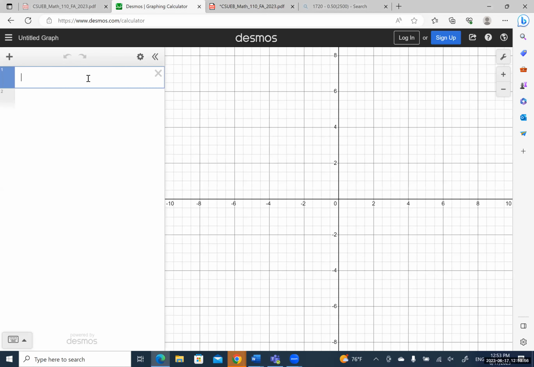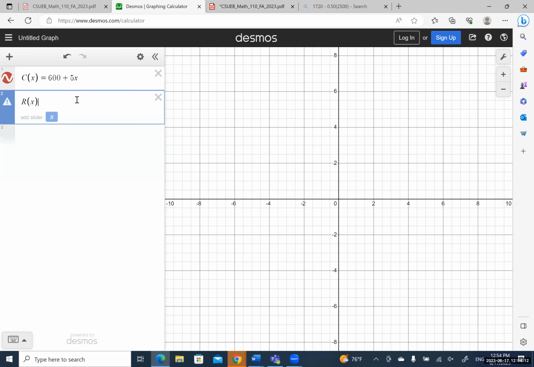All right, so you put in the cost function C(x) equals x squared plus 5x, and you put in the revenue function R(x) equals x times (80 minus 2x).